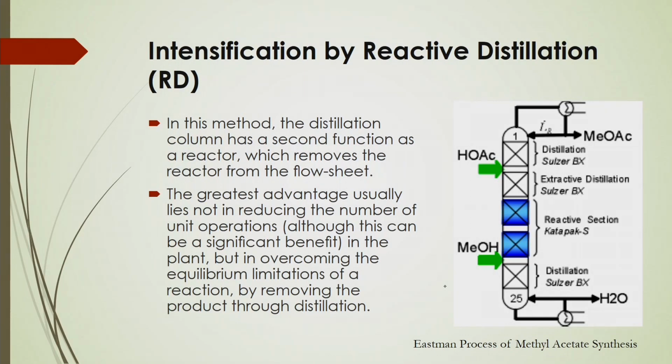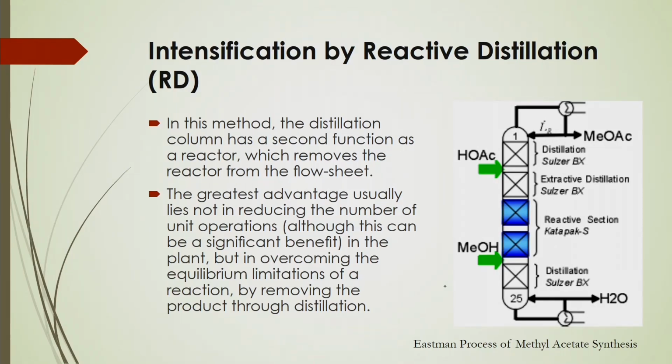And also intensification by reactive distillation is another aspect of that, getting the process intensification by simultaneously considering reaction and distillation. In this method, the distillation column has a second function as a reactor, which removes the reactor from the flow sheet.